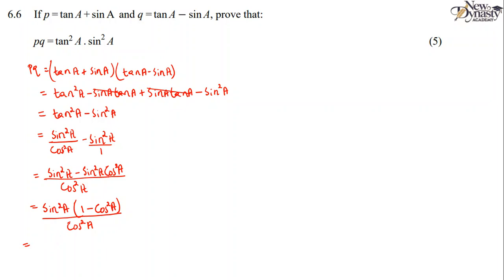So you're going to convert sine over cos as tan squared A, and 1 minus cos squared A, it is the identity, which is what? Sine squared A. And that is your PQ, and you have proven that it is equal to that.